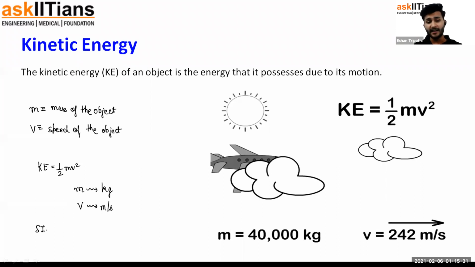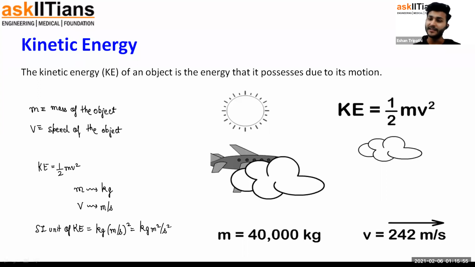So can I say the SI unit of kinetic energy is mass's SI unit, which is kgs, and velocity's, not velocity, sorry, speed's SI unit, which is meters per second, and it's squared, meter per second square. That makes it kg meter square per second square.